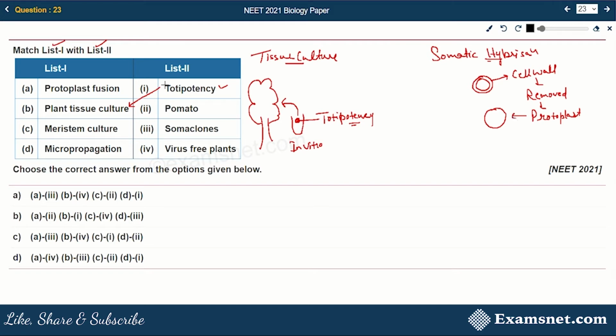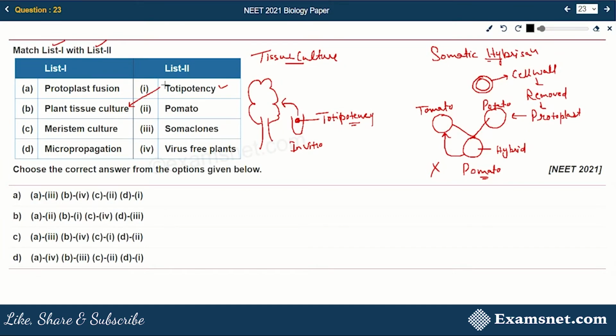Now if we take two different protoplasts from two different varieties of plants and fuse them to get a hybrid variety, then it is expected that it will exhibit a unique property. So one of the imaginary hybrids is pomato. What is pomato? It was imagined that if we fuse the protoplast of a tomato and the protoplast of a potato, it will lead to the formation of pomato with some desired characteristics. But this experiment failed because the resulting species was just the tomato.